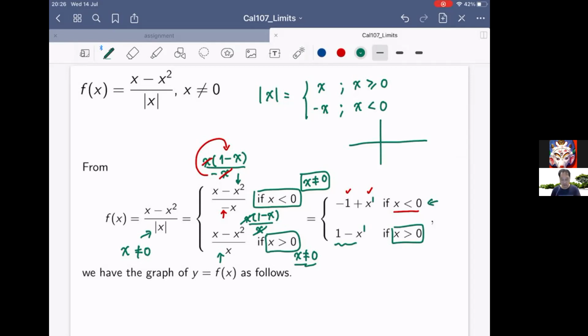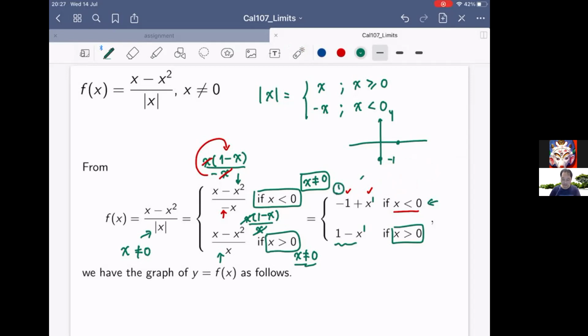Here if your x is 0, your y is -1, so it cuts your y axis here. And then if your y is 0, your x is actually 1, so it will cut your x axis here, for this first straight line.